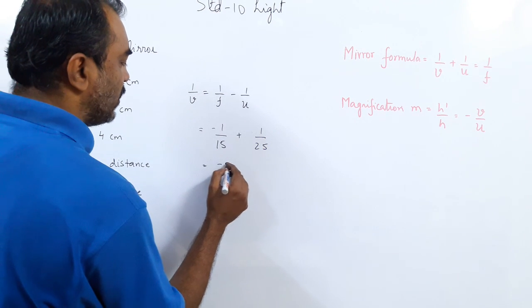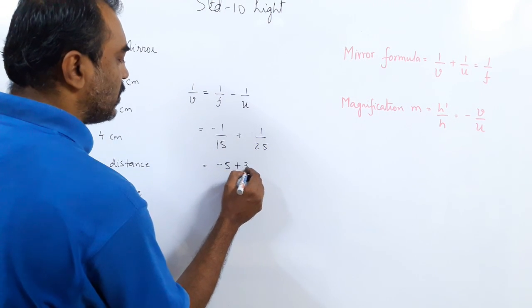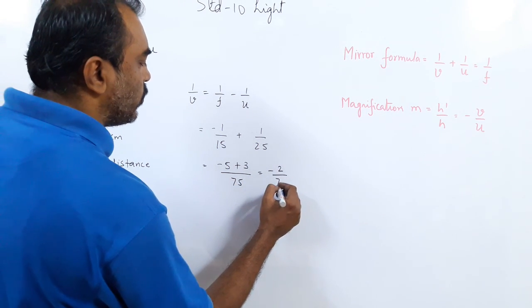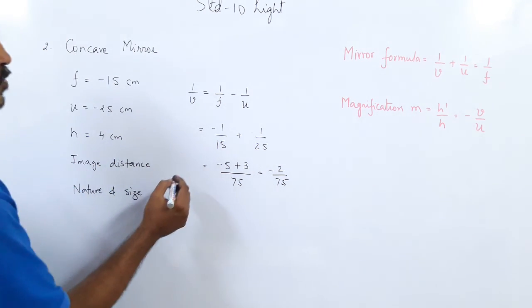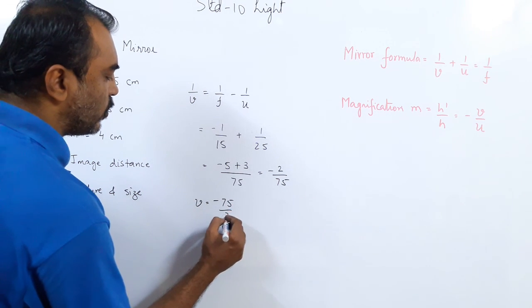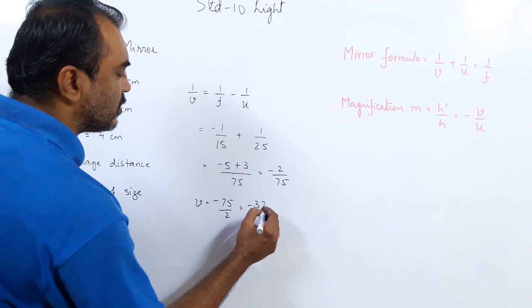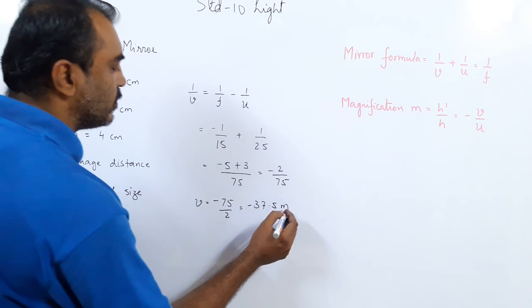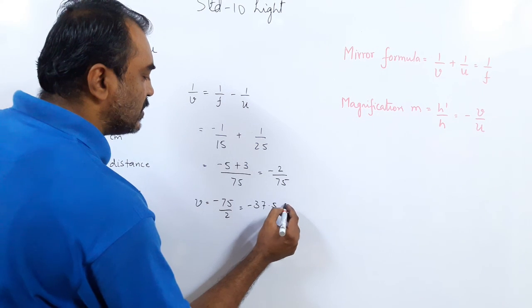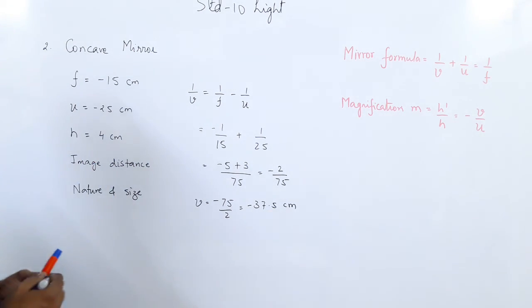So minus 5 plus 3 upon 75 is minus 2 upon 75. So 1 upon v is minus 2 upon 75. So v is minus 75 upon 2, which is minus 37.5. Sorry, not meter, centimeter. So we have minus 37.5 centimeter.